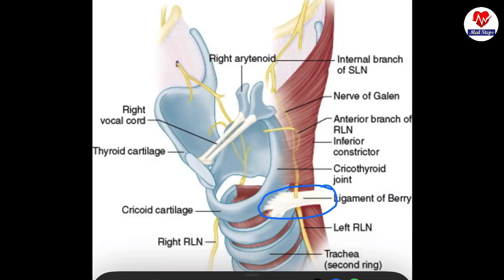Now the most important fact is that the recurrent laryngeal nerve runs just behind it. You can see here the recurrent laryngeal nerve runs behind it like this. This is the most important and most dangerous zone in thyroid surgery.